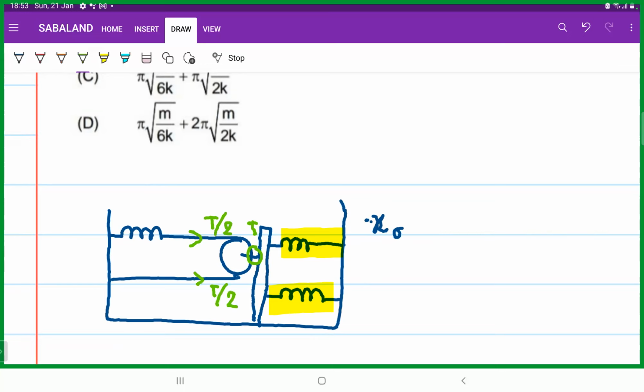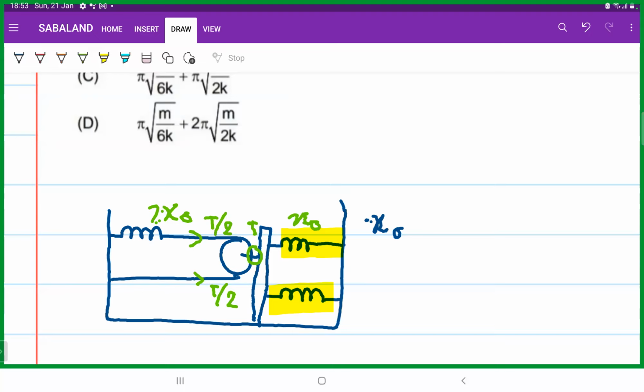Now this spring over here is moving by a distance of x naught. This spring over here will move by a distance of 2x naught. Why? Because forces have to remain constant, right? I'm very sure you must have studied this in Newton's laws of motion.